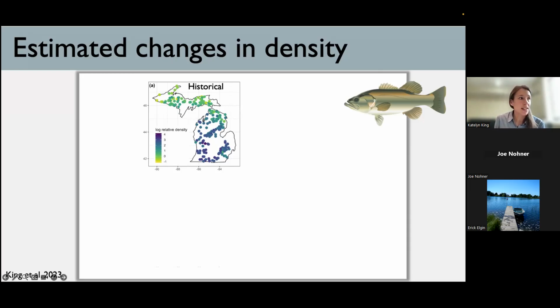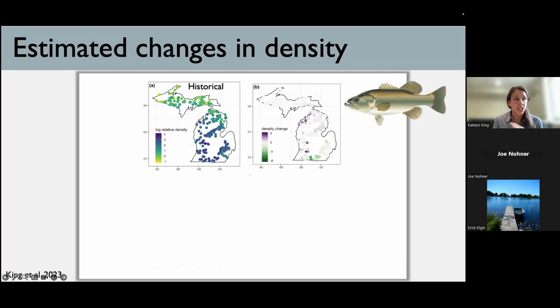So then we looked at the change in density from the historical to the current time period. And so the whiter color, there's like no change in density over time. The darker purple or lighter purple are increases, and the greens are decreases.